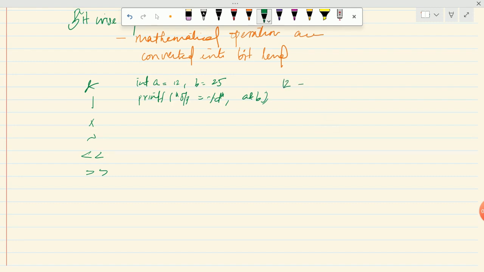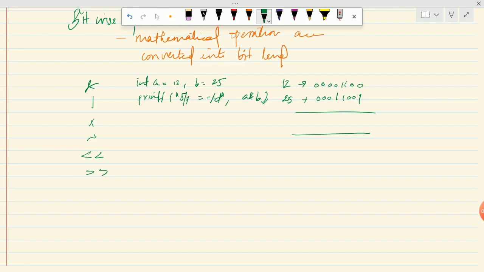For 12 the binary form is 0 0 0 0 1 1 0 0. For 25 it is 0 0 0 1 1 0 0 1. Now AND means both the operands should be 1.